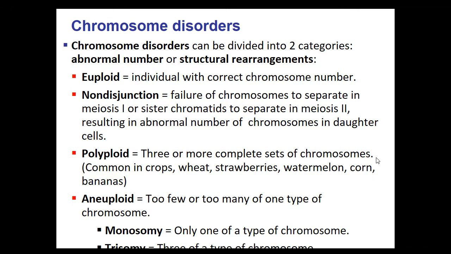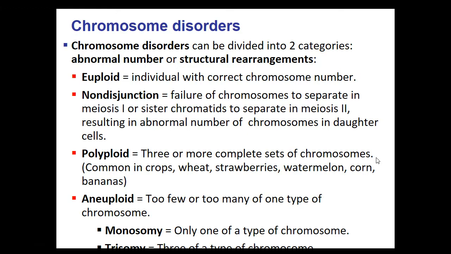Or if you were missing a number 7 chromosome, you probably wouldn't be alive if you were missing a whole chromosome like that. But that would be a case of aneuploid. So a lot of these cases of aneuploid just result in a miscarriage. That person can't even develop and to be born. Would die very early in pregnancy.